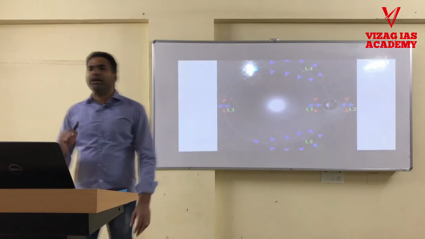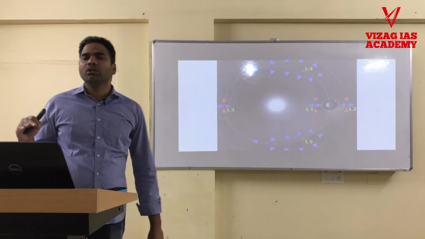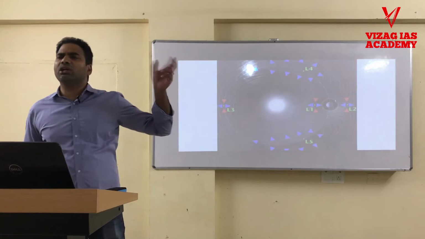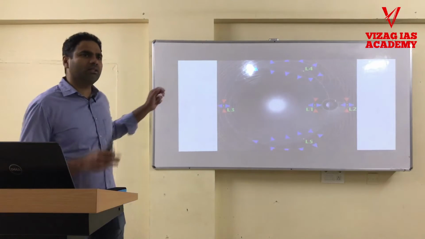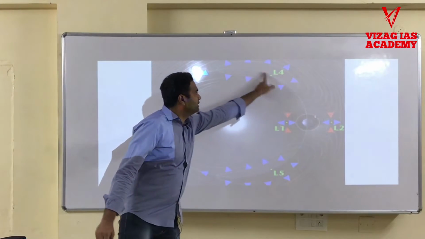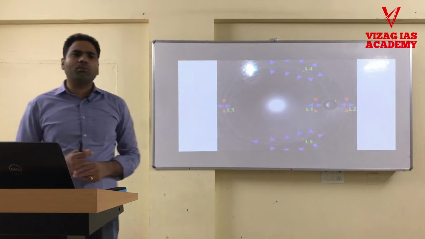L4 and L5 are kind of, in a geographic sense, on plateaus. Okay, so they actually self-correct due to Coriolis force also. It's a much deeper concept, don't worry about it. But since they are in this plane and they are rotating, a little movement will be corrected by the Coriolis component also.